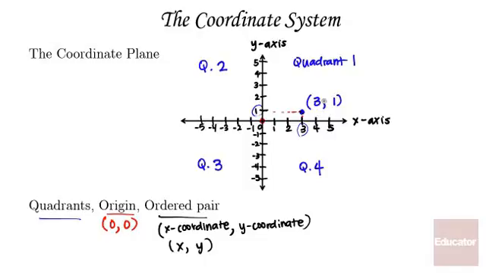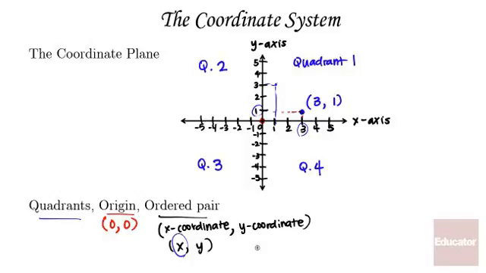It's not 1, 3. That's not the same thing. If I say 1, 3, because I said 1 first, that means 1 on the x-axis and 3 on the y, and where do they meet? Right there. So 1, 3 and 3, 1 are not the same thing. Always make sure the first number is your x-coordinate on the x-axis, the horizontal line. The second number is your y-coordinate, the number on your vertical line.